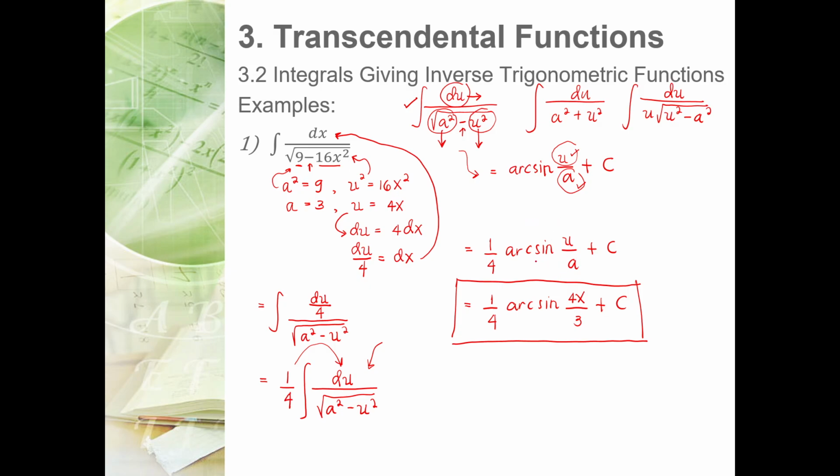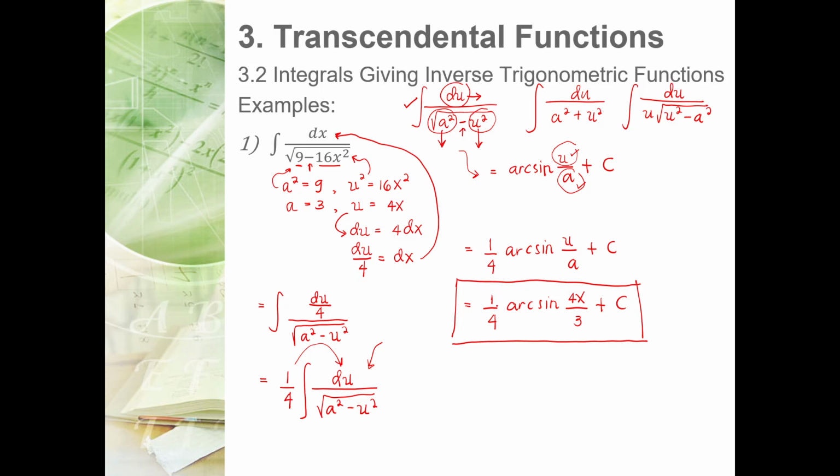Okay, so be mindful that you cannot cancel out the 4 in the 4x and the 4 on the left side, the coefficient of the arcsine, because the 4x over 3 here is the angle of the inverse sine. And then 1/4 here is the coefficient of the inverse sine.